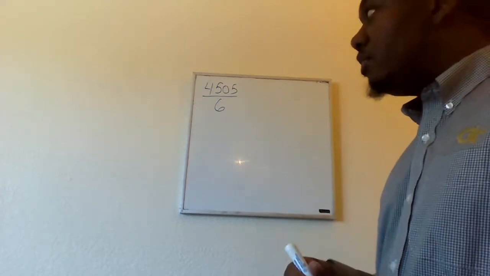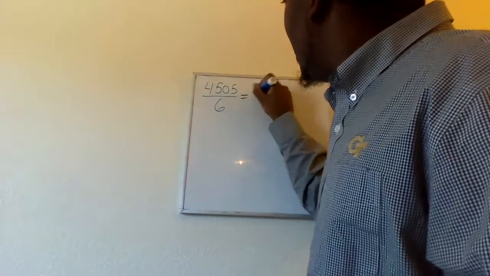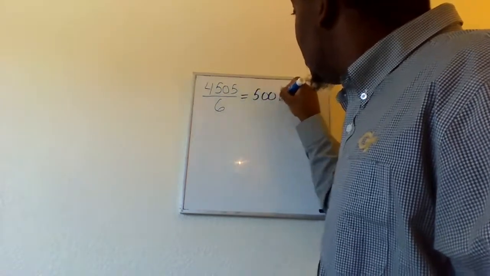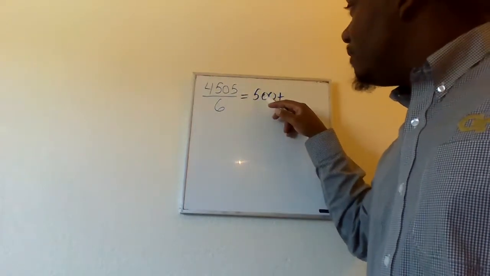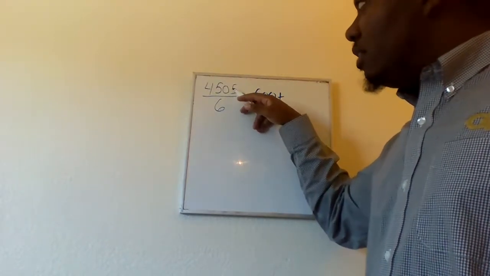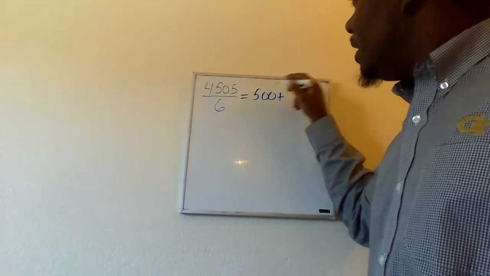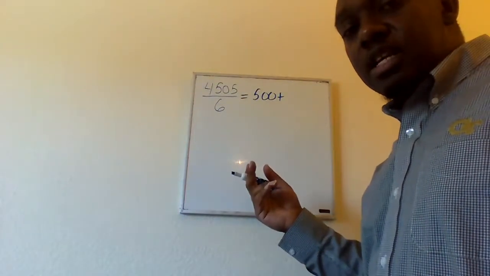So let's just say we know it goes in at least 500 times. So when we divide this, we're going to put our 500 down. Well, how much will be left over? If we took 500 out of here, that would mean we're really subtracting 3,000, because 6 times 500 is 3,000.